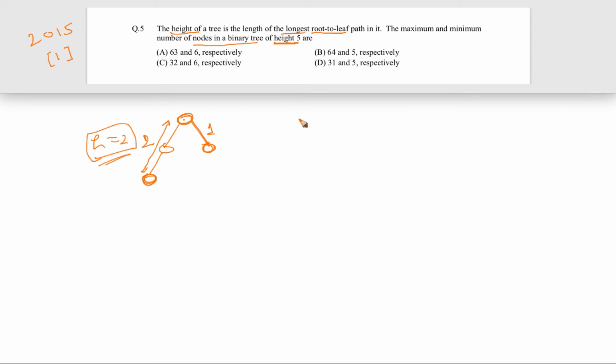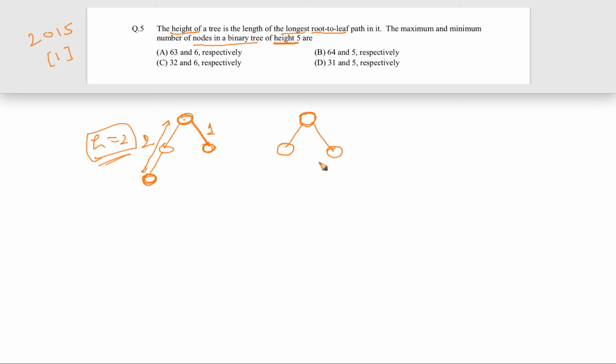So technically, a single node is also a binary tree. Similarly, this is also a binary tree because this is having 0 children and this is having 1 child. So the number of children is less than or equal to 2. So this is also a binary tree.